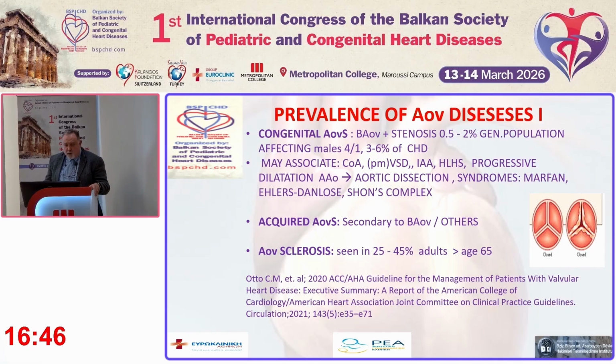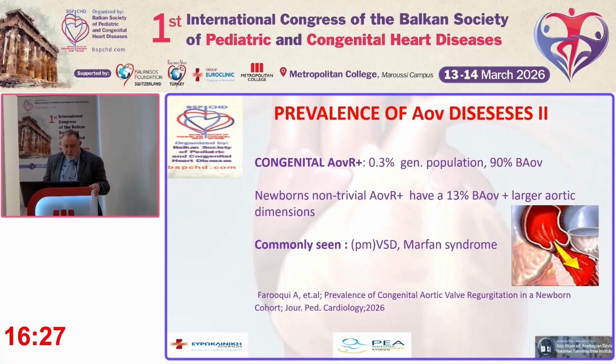Now, we also have acquired stenosis, either secondary to a bicuspid valve or other conditions. The most common condition is what we call aortic valve sclerosis, seen in 25 to 45% of all adults over 65 years old. Congenital aortic valve regurgitation can be found in 0.3% of the general population, and it is more frequent if you have a bicuspid aortic valve.